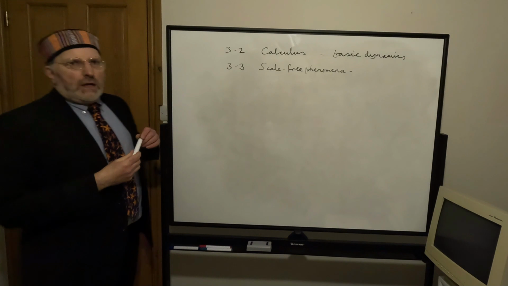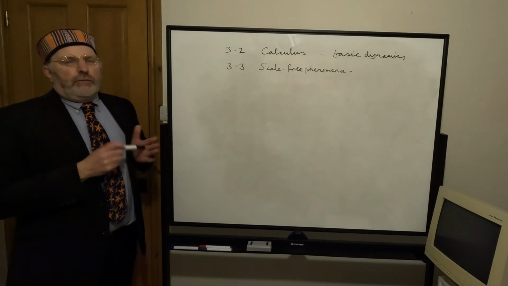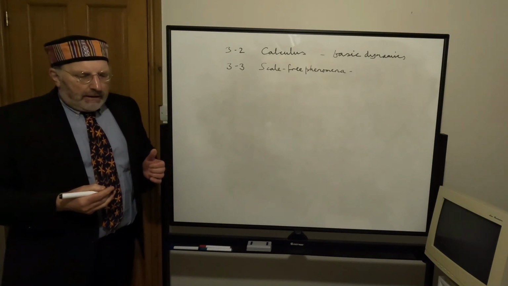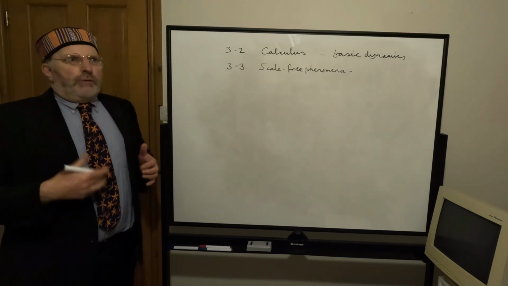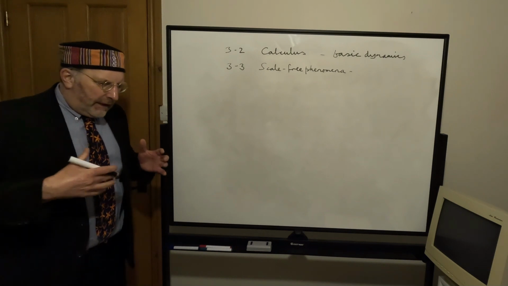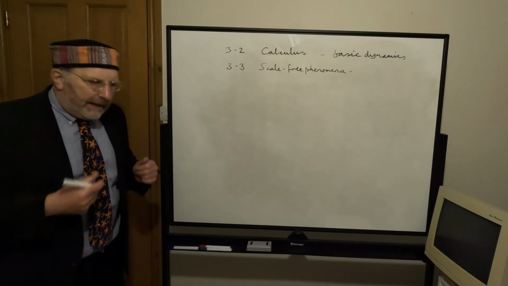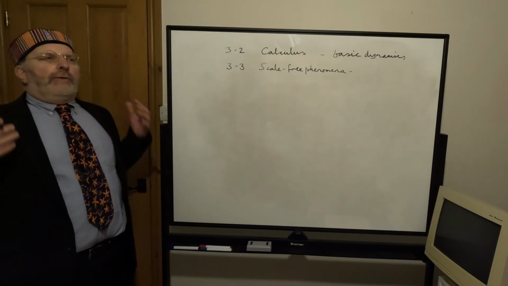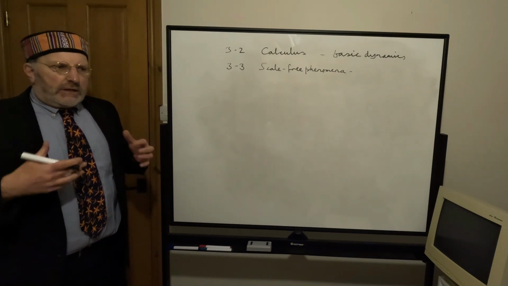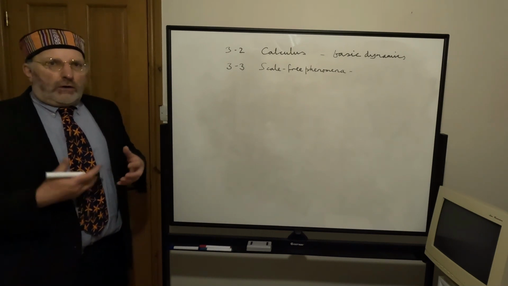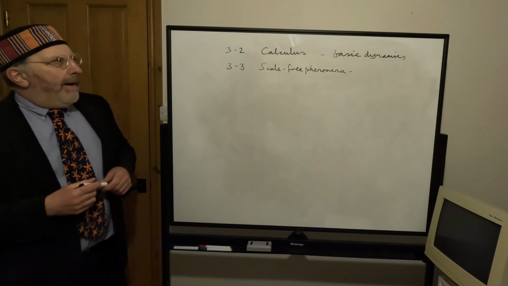Now, I mentioned these in an earlier module, I think it was module 1, scale-free phenomena, where things look the same on different scales. If we look at it on the large scale or the small scale, it looks the same. If we zoom in, it looks the same as if we zoom out. It's things that contain copies of themselves, smaller scale copies of themselves.